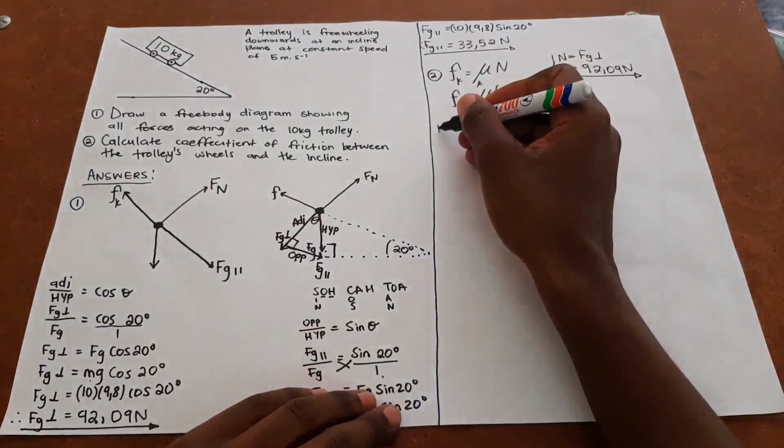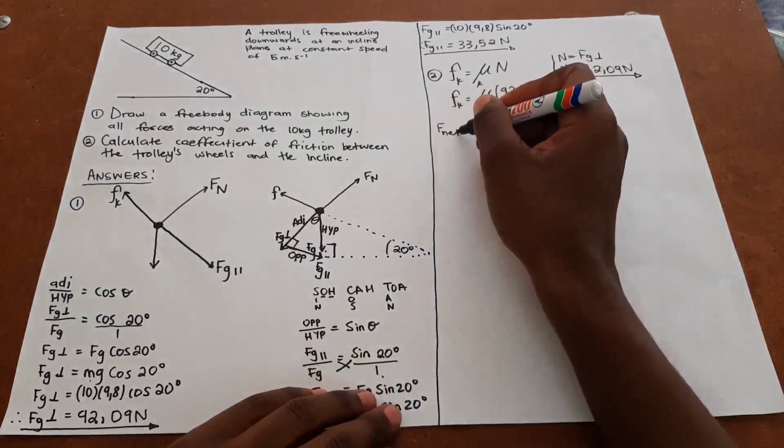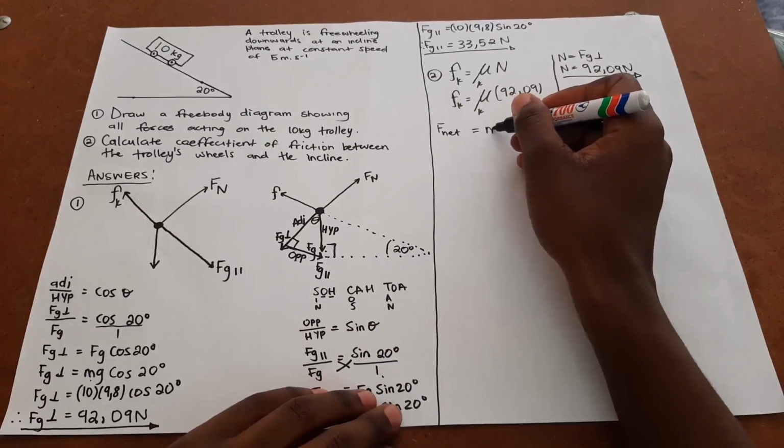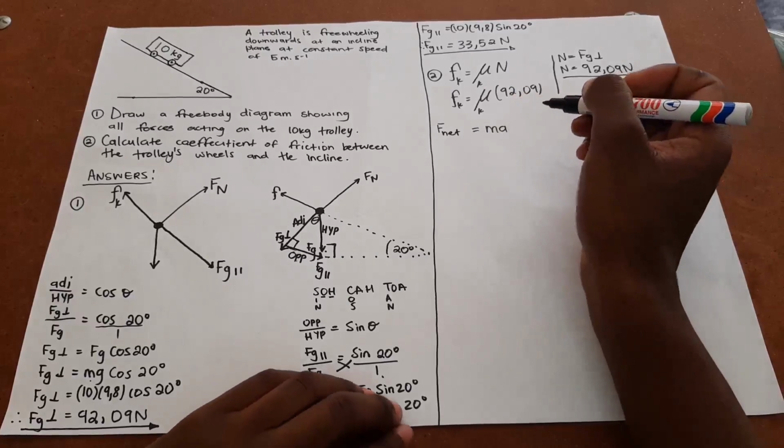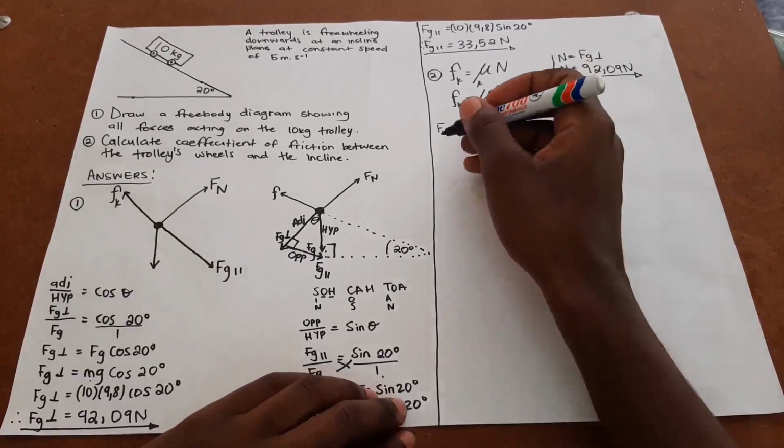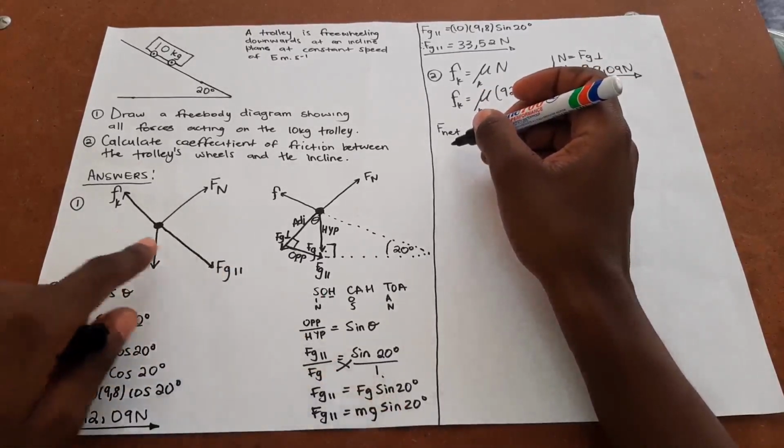We say the net force is equal to ma, the mass times acceleration. What are the net forces acting on that object?